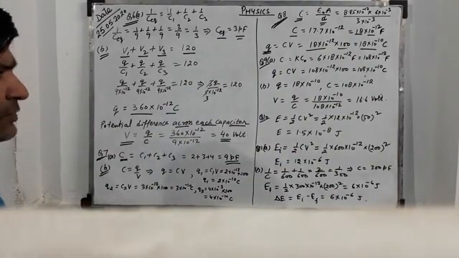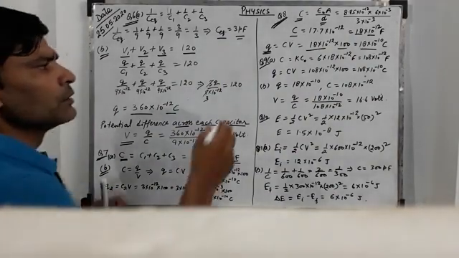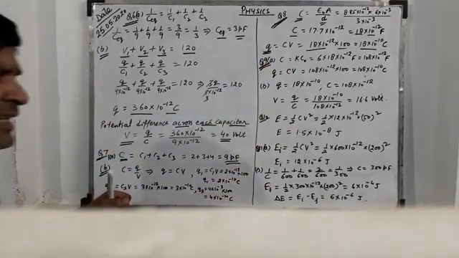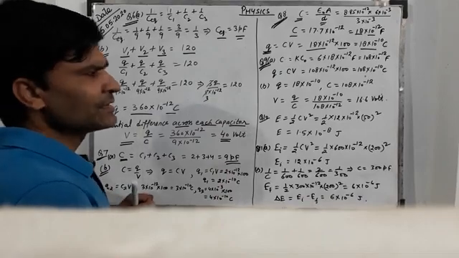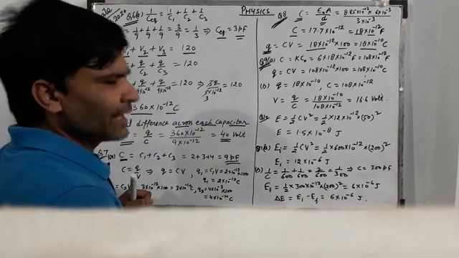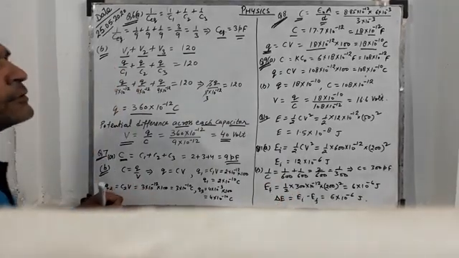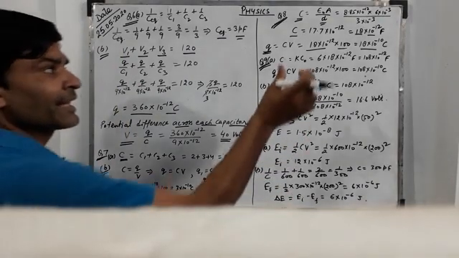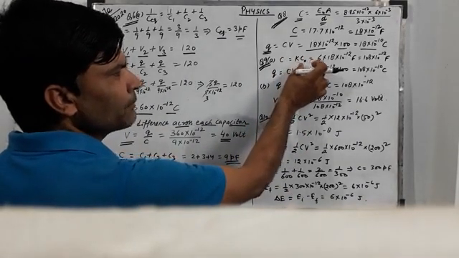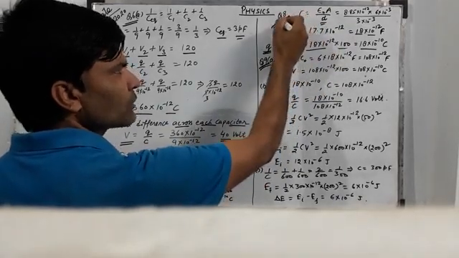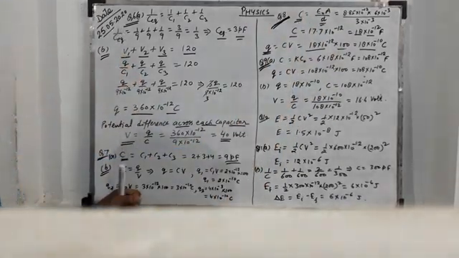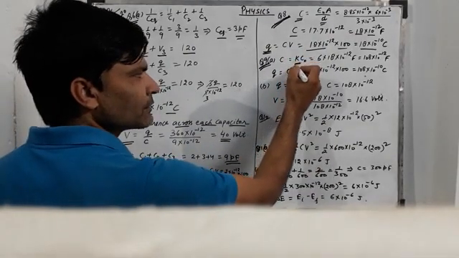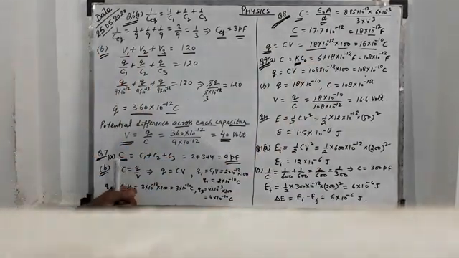Okay. Now the question number 9. In question number 9, one capacitor is given to you and the dielectric is inserted between the plates. The capacitor is same as in question number 8. Okay, but the difference is dielectric is introduced.